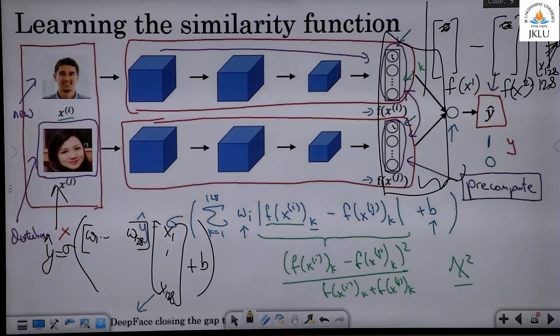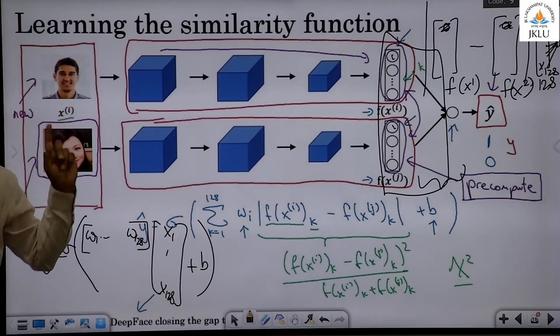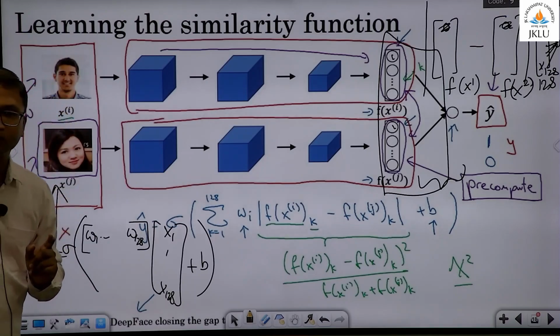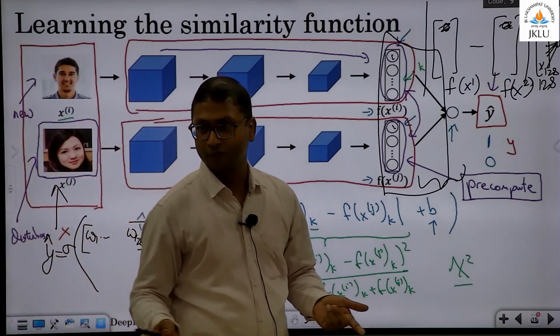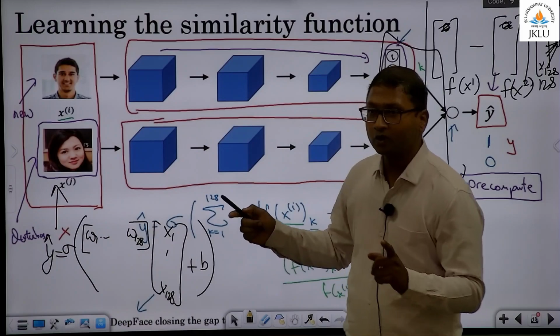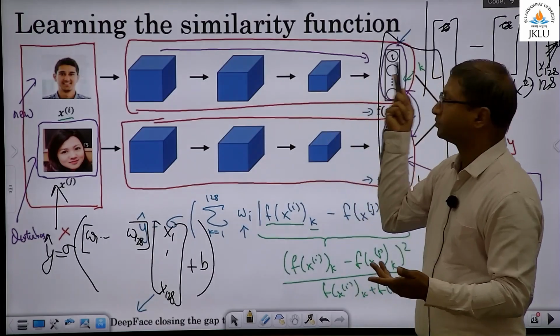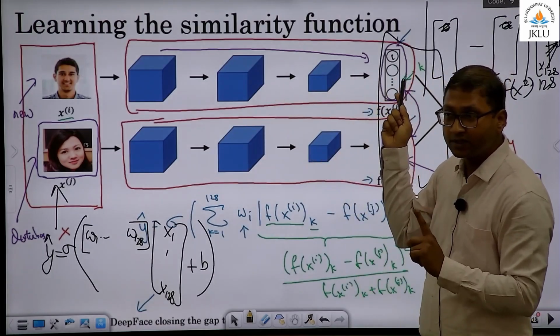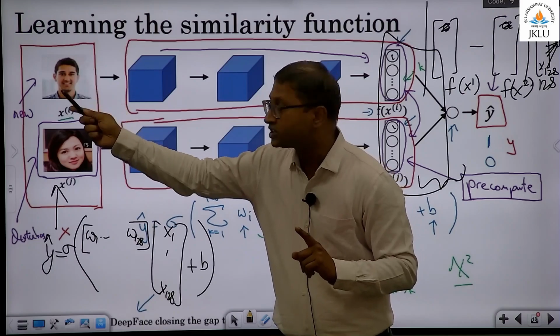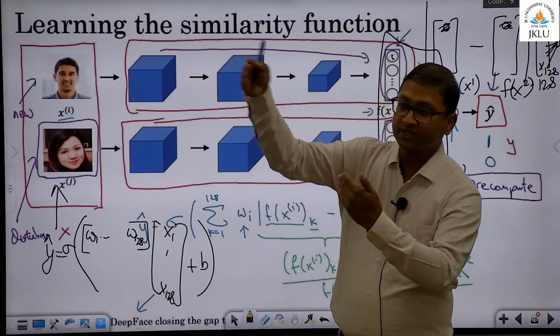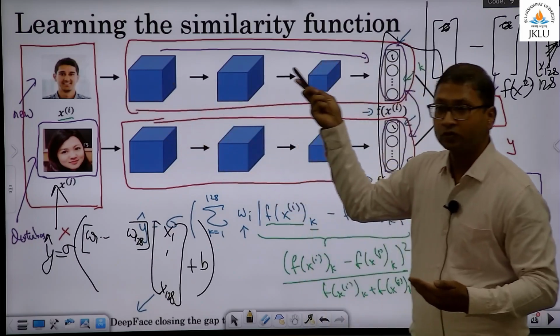Now, you can store images if you have a small database like JKLU. What you will still have is that each time your machine recognizes a face, it will still go through this. Since you are storing images, each time you want to match a person in your database, you will go through this whole process.